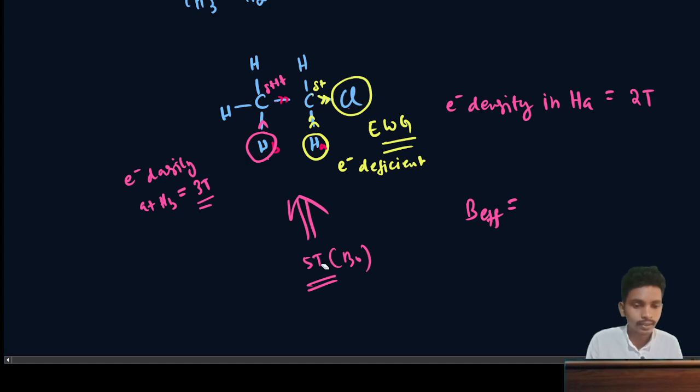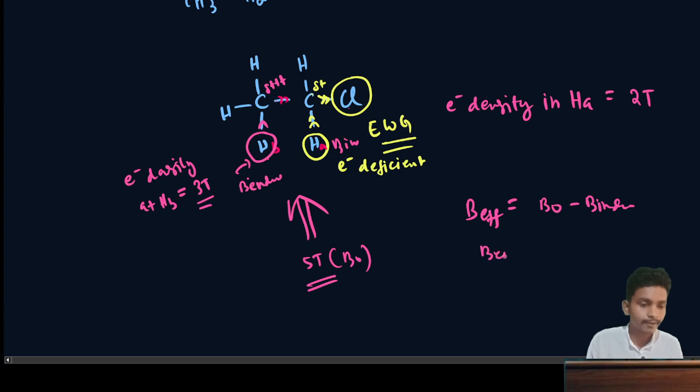or we can say that this is B naught and this is the B induced. Okay, so B effective equals B naught minus B induced.